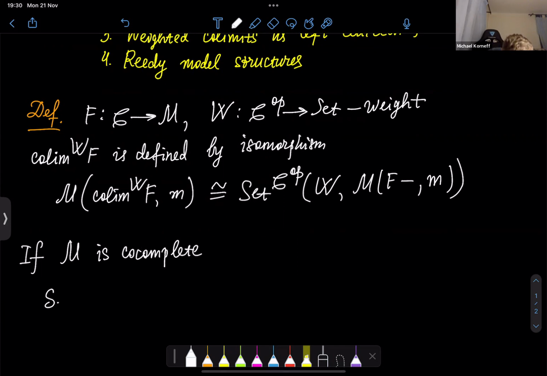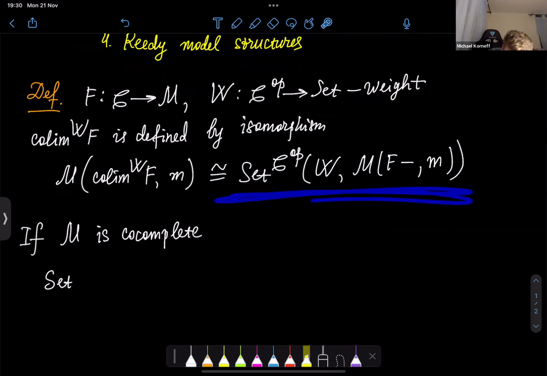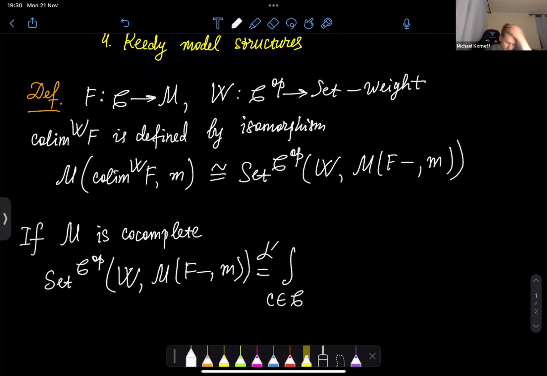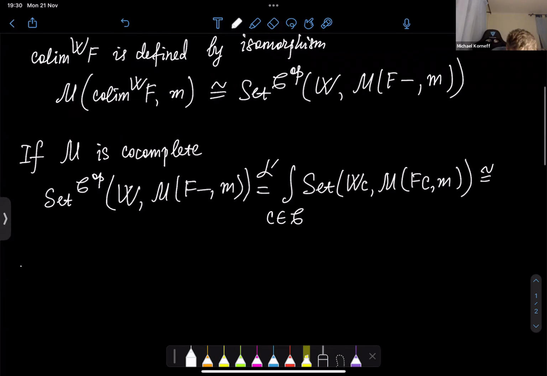Then we'll have that the latter term, by the Yoneda lemma, is the same as the end of this set, of this hom functor.